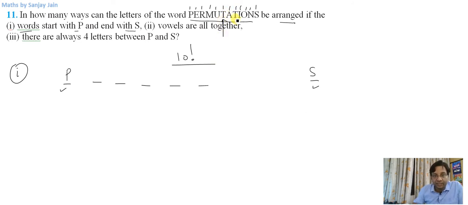So these can be filled in 10 factorial divided by, let us see if I have got something alike. I have got 2 T's here, so I'll divide it by 2 factorial. What else? M, U, A, and everything else is present only once.